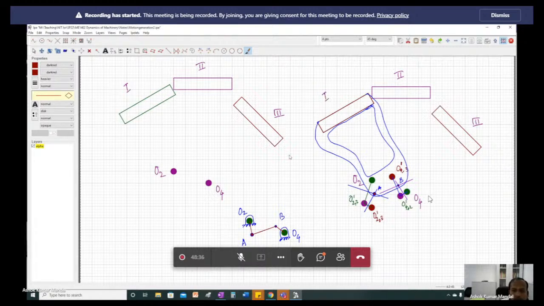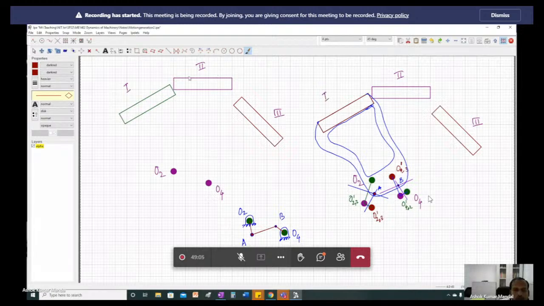When you do it graphically, you will use a trace paper. Trace paper is nothing but a transparent sheet. You can use a marker to mark these positions. Copy this coupler position 2 and these points O2 and O4.